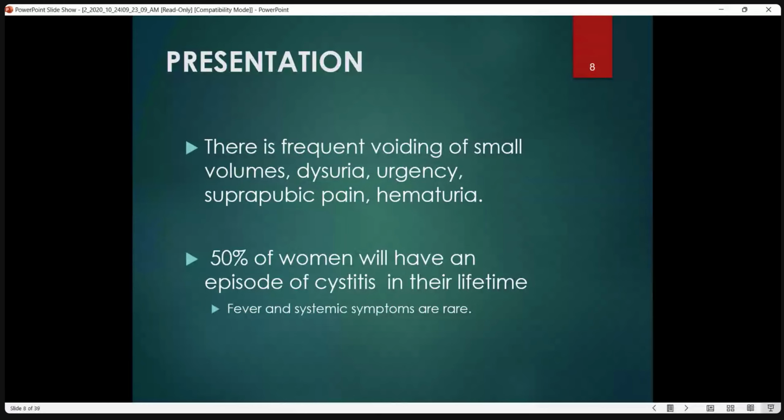And when there's an ascent, when there is some foul smell and it's really intense, then this in most cases indicates that this infection has reached the kidneys.